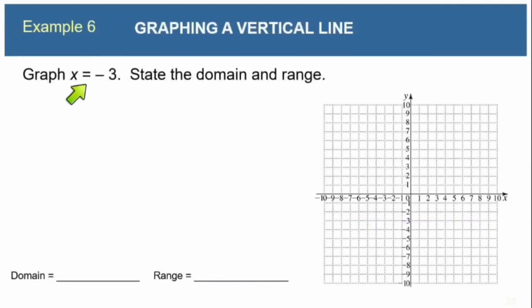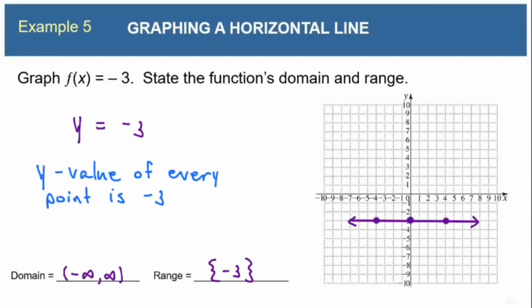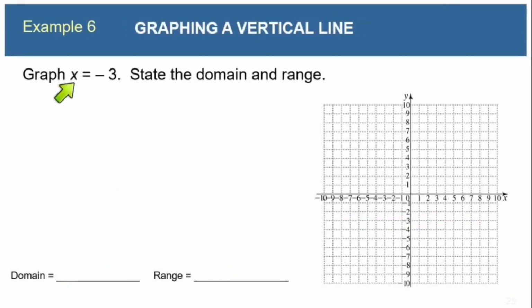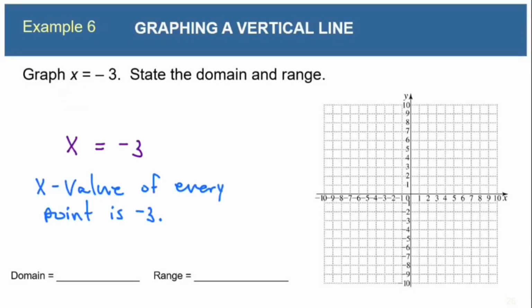Now let's graph x equals -3, and we'll state the domain and range. So notice the difference. Before we had f of x equals -3. That was the equivalent of saying y equals -3. But here we have x equals -3. So this is not going to be a function. This is going to be a vertical line where every x value is -3.